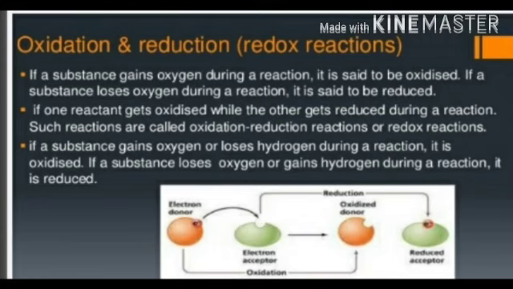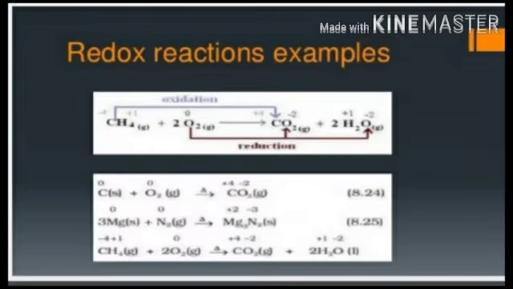If one substance gains oxygen or loses hydrogen during a reaction, it is oxidized. If a substance loses oxygen or gains hydrogen during a reaction, it is reduced. Some examples of redox reaction.